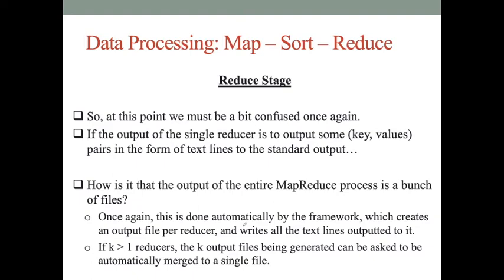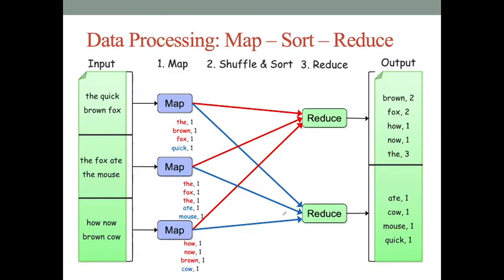For example, here is one example of how this works. What is happening here is that all these three keys are coming to the input here. For this reducer, this is what we will be seeing: one brown, one fox, one in a single block as the input in a single file.